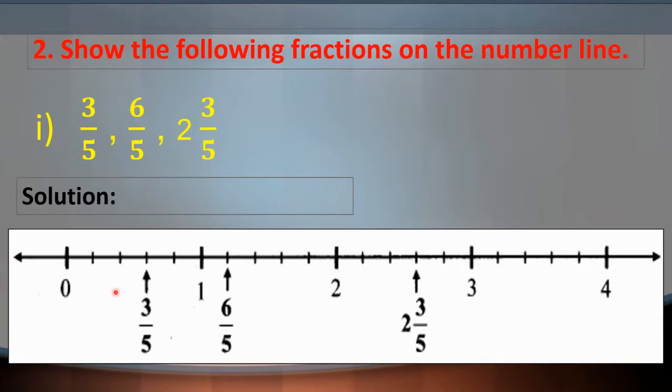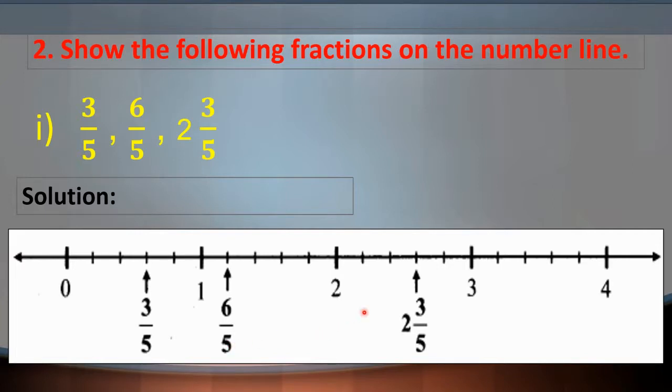So in the first unit, third mark from 0 shows the fraction 3 by 5, and after that the sixth mark from 0 shows the fraction 6 by 5.